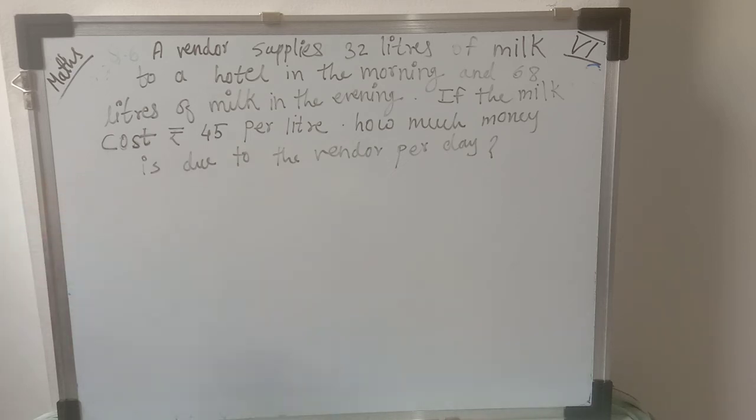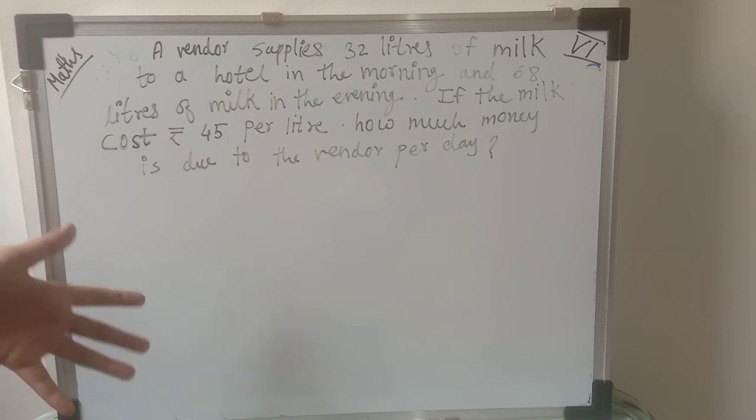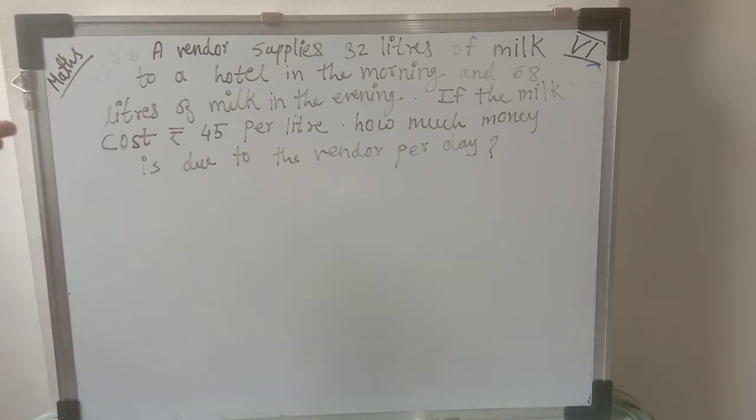They have said that the vendor is supplying 32 liters of milk in the morning and the same day the vendor is supplying 68 liters in the evening, and the cost of per liter milk is 45. So in total in the same day, the cost of that milk which he is supplying, that we have to find out.